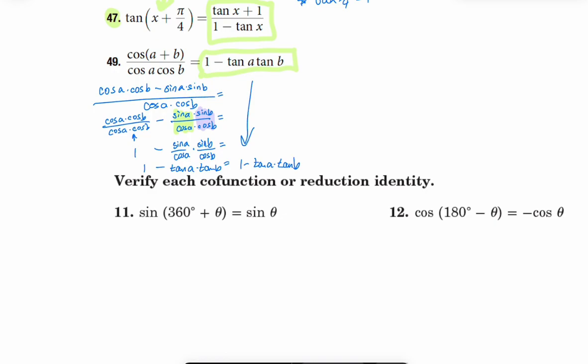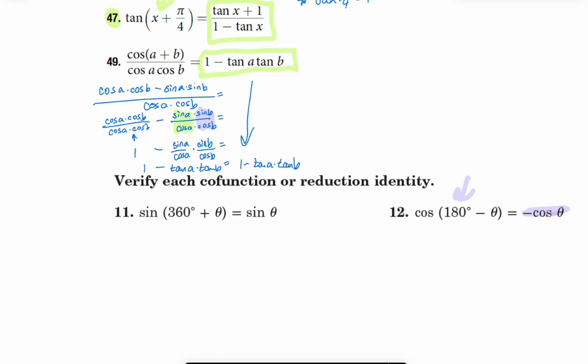So I'm going to do 11 for you. For 12, my suggestion would be keep this as your answer, apply the formula for the left side. Okay, so let's do number 11.